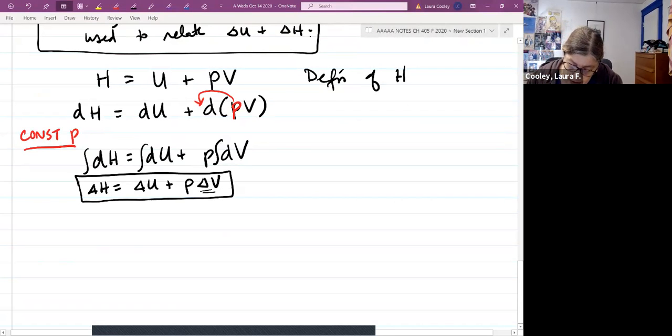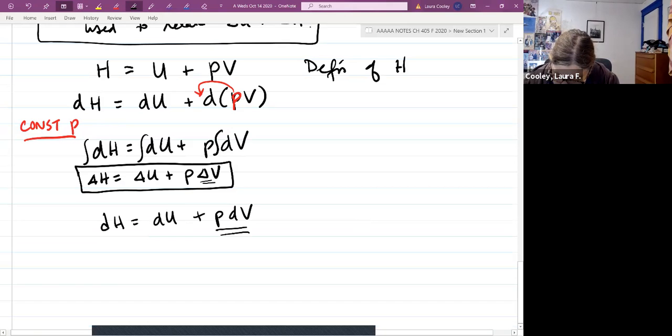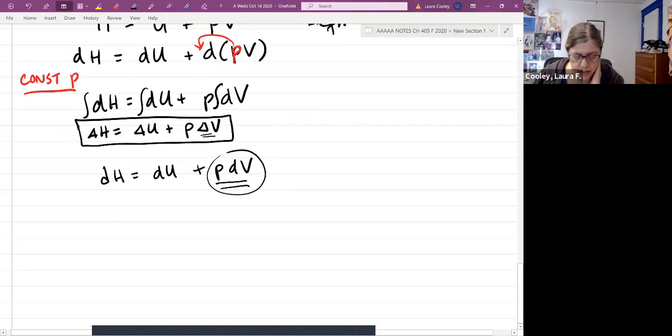go back to dH is dU plus PdV. Remember, this came from the definition of enthalpy, but I want to look at this a little bit closer. I want to look at the PdV term here, because it's going to tell us something that we already knew.